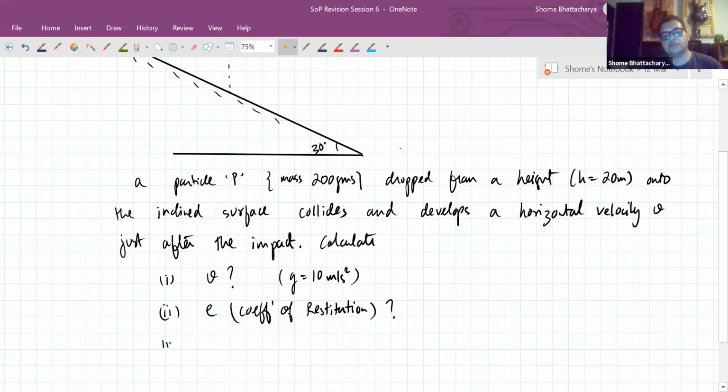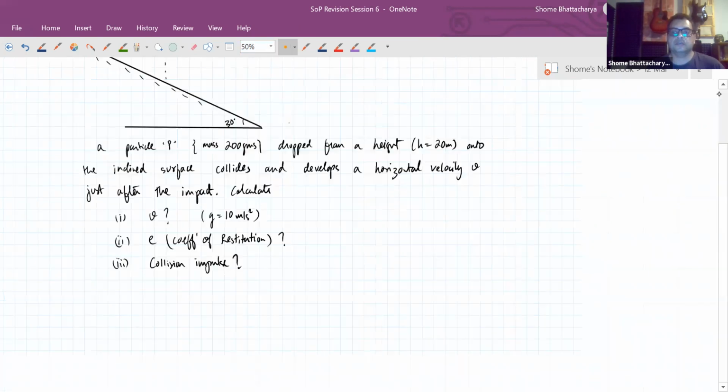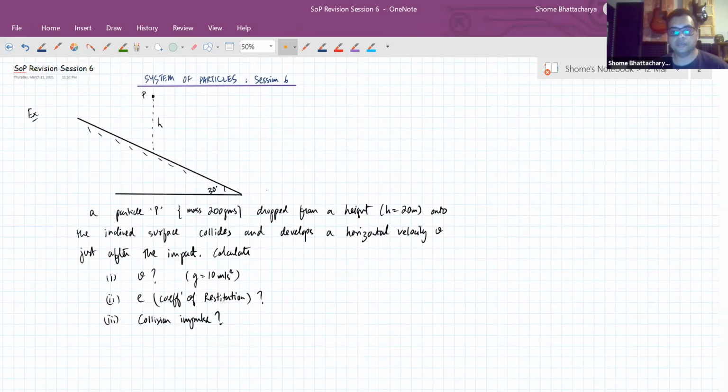And we also want to calculate the collision impulse acting on the particle due to this particular impact. I'll just leave you with a minute to go through the question, then we'll discuss the solution in detail.